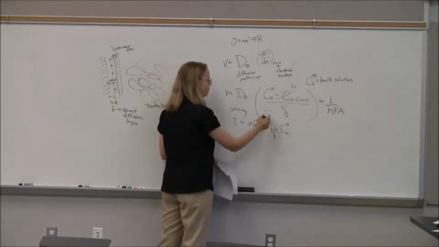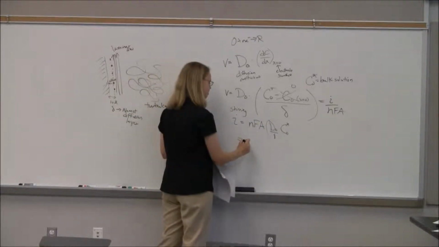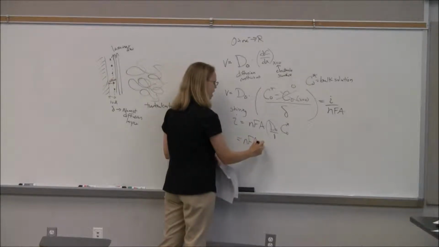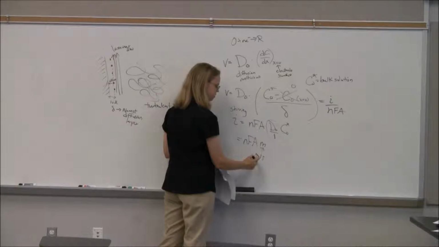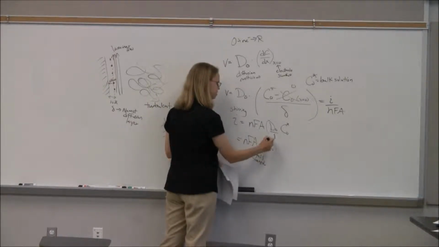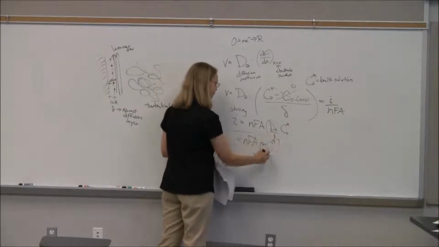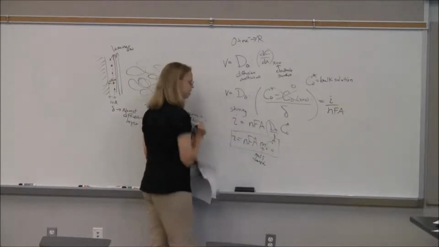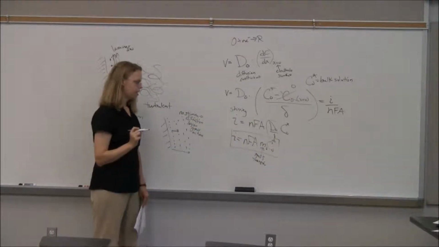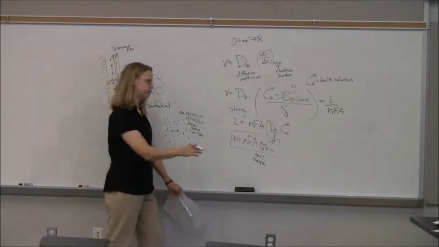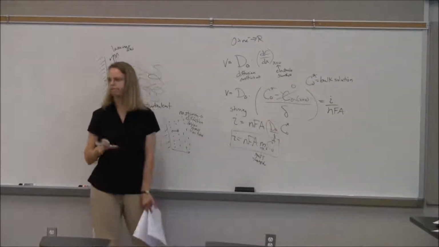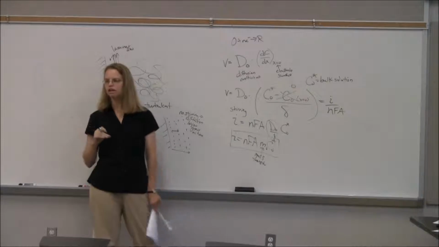Sometimes people say, I don't know how to calculate delta, so the book calls it m, the mass transfer coefficient, which is basically just D0 over delta. If you want to combine those two together, fine.